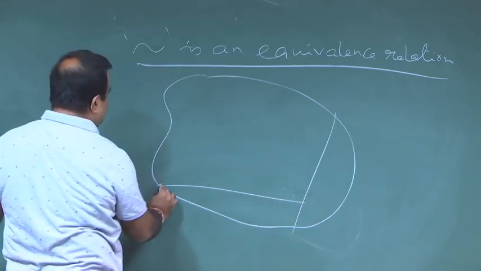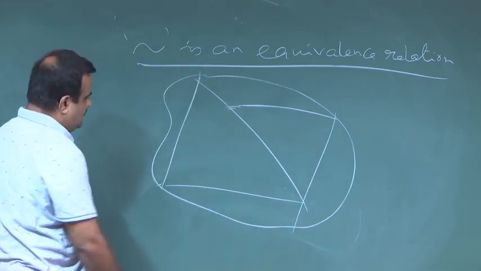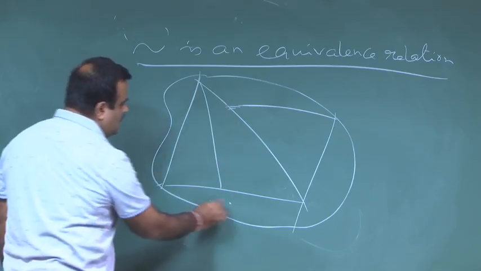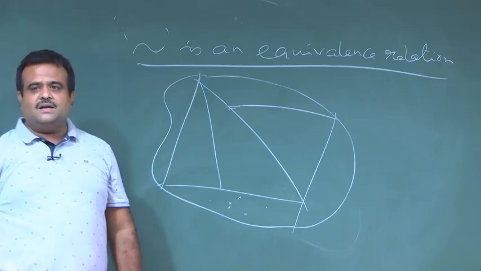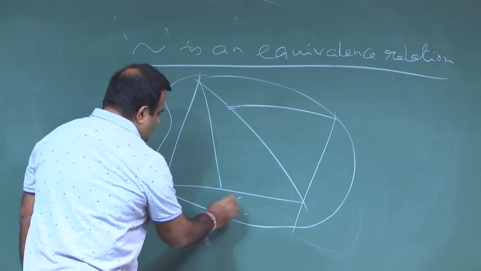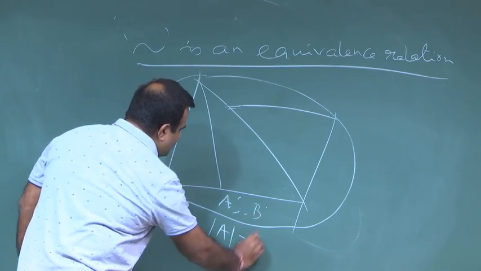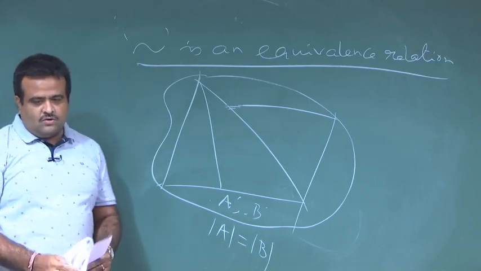In the same class, the sets having the same number of points, this we define as cardinality. So, if A and B are in the same class, their cardinality must be the same. Okay. So, this will give us the equivalence classes.